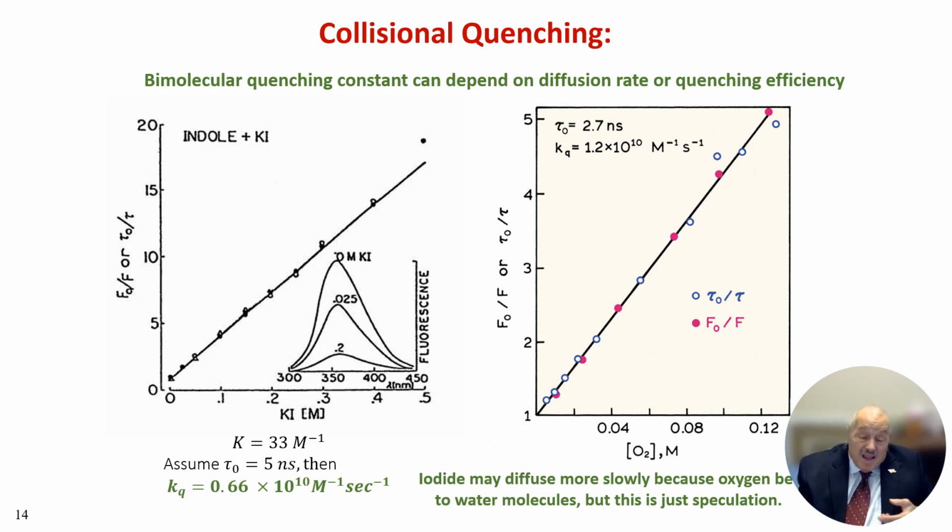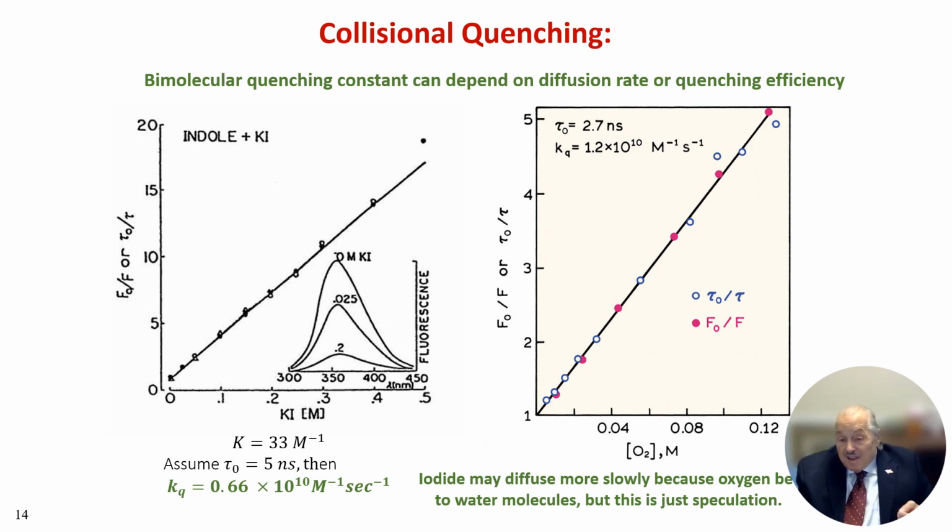I didn't happen to have the lifetime of indole around, but I know it was close to 5 nanoseconds. And from this, we calculate the bimolecular quenching constant is 0.66 times 10 to the 10th reciprocal molar reciprocal seconds. So that could mean one of two things, and this experiment does not tell us which.